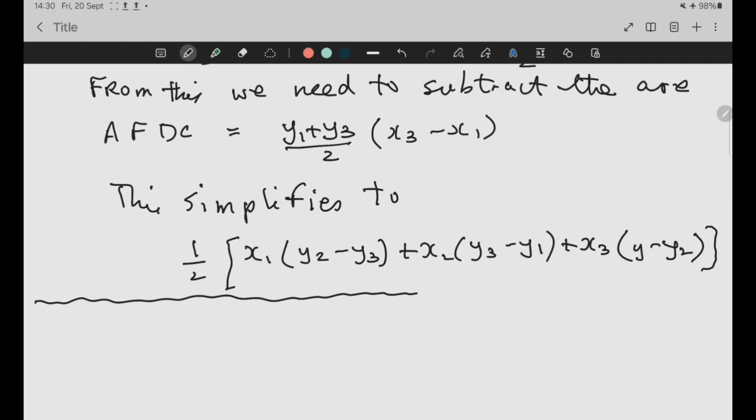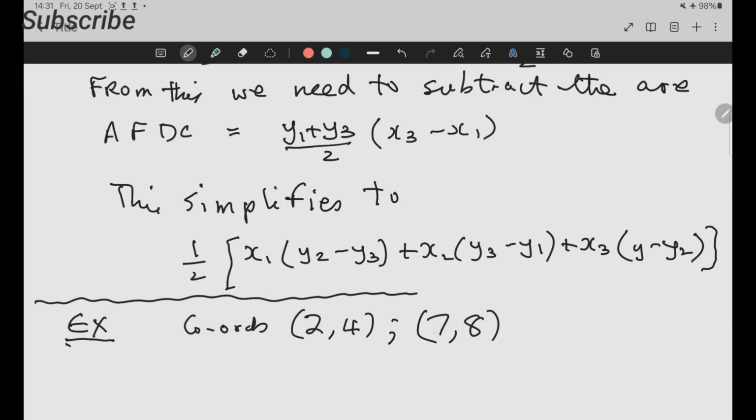Right, so let's take an example using this. First of all, let's say the coordinates that were given are 2, 4, 7, 8, and 3, minus 8.